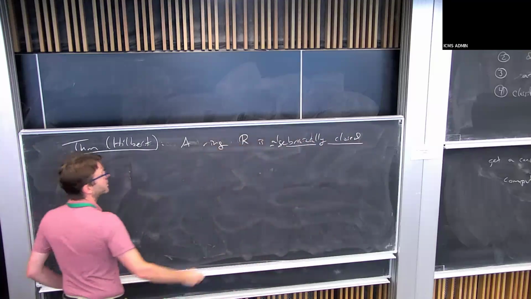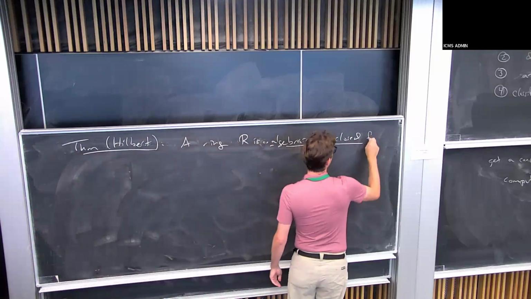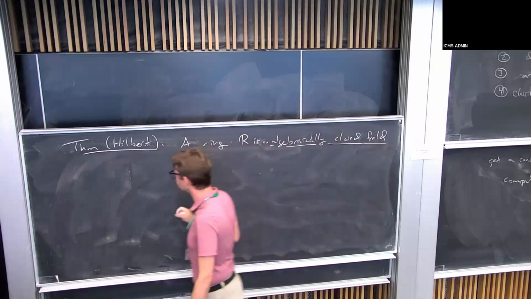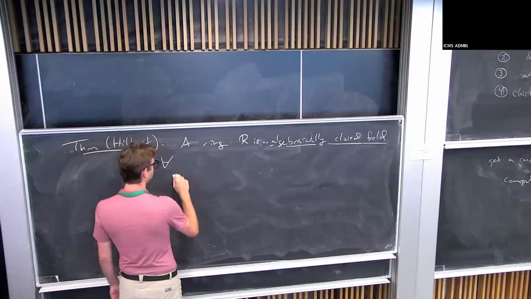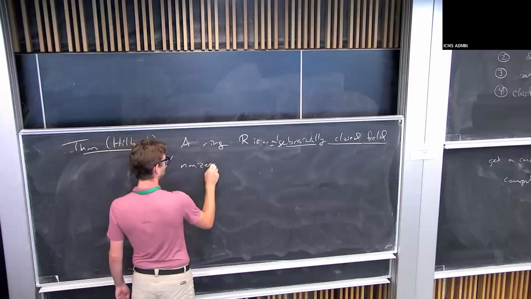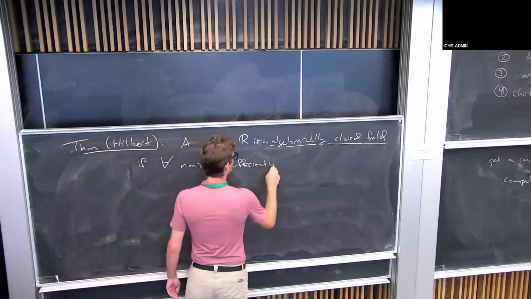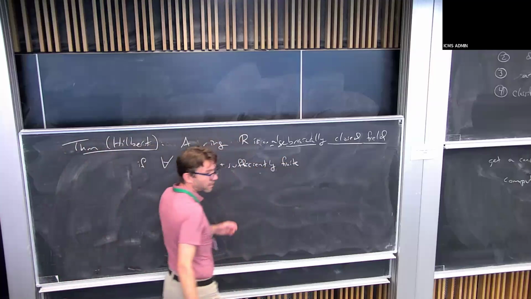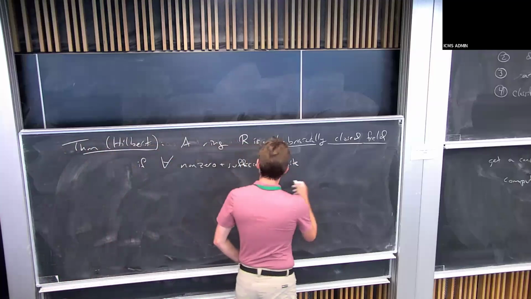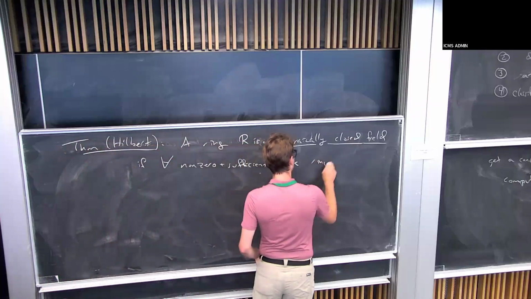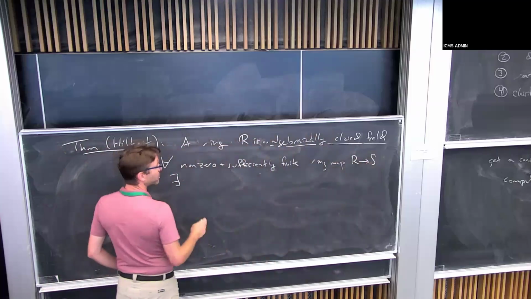A ring is an algebraically closed field if for any, let me just say, non-zero and sufficiently finite ring map, there should exist a splitting. And the art is to figure out what sufficiently finite means, because otherwise this is a vacuous statement.